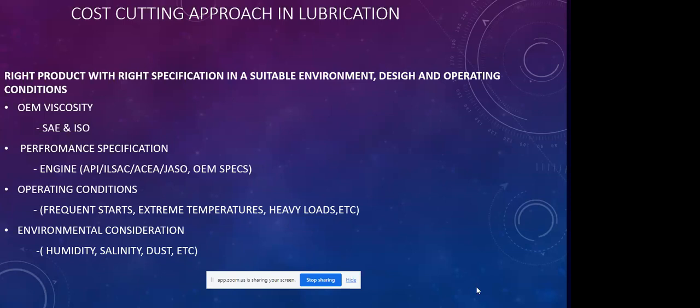We have OEM specifications where you have John Deere coming up with their own specification. You have Siemens or Flender coming up with their own specification. So the conversation on specifications should not be based on viscosity alone, but the focus should also be on the specification. The two work hand in hand.